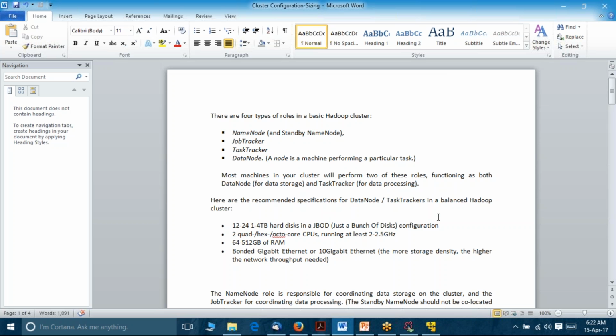If you look at the basic hardware configuration required for your data node and the task tracker: 12 to 24, 1 to 4 TB hard disks and a just-a-bunch-of-disks configuration.